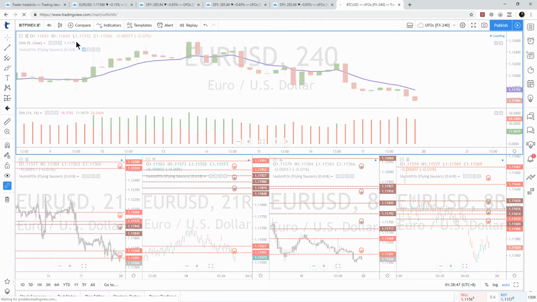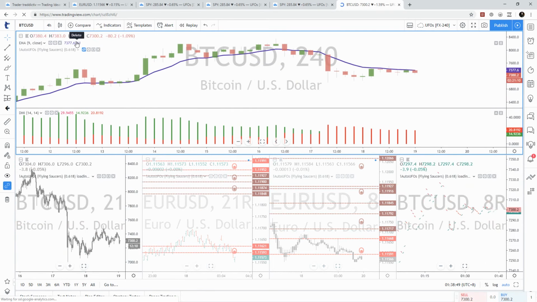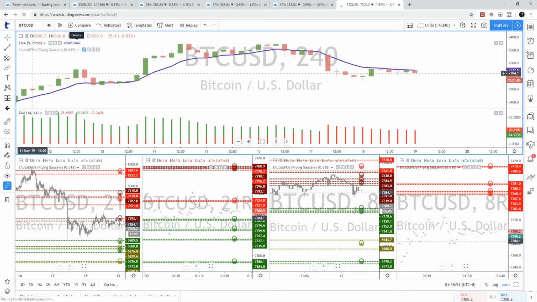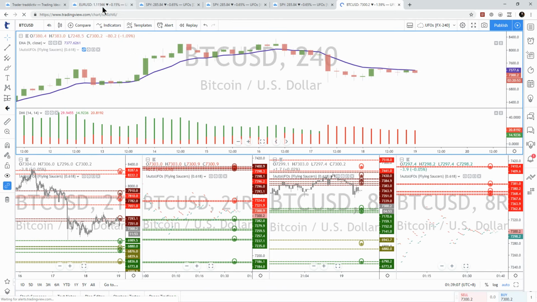You just click and you get the chart. And the methodology that we are applying in the get-togethers, you could apply to anything. Maybe you are not trading Bitcoin but investing in Bitcoin, so you just apply this in a larger time frame.